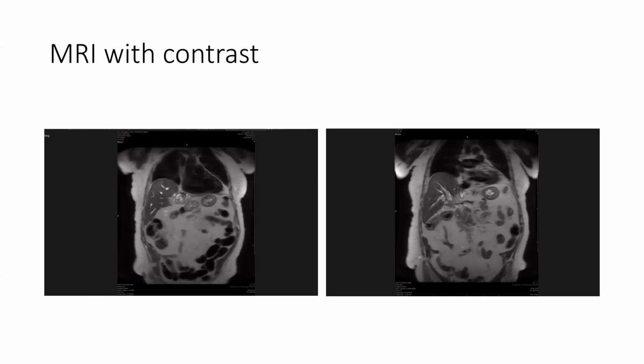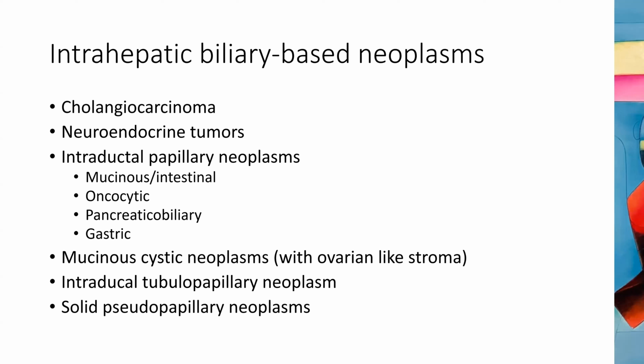But before we look at what we're going to see here, let's consider the types of tumors that can occur primarily in either the intrahepatic or the extrahepatic biliary ducts, pre-pancreatic. And that list is relatively long for such a small segment of anatomy.